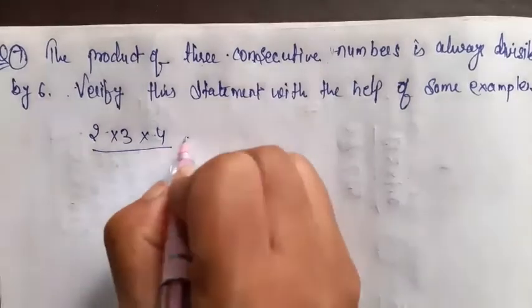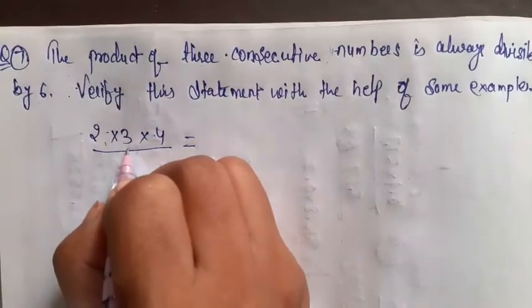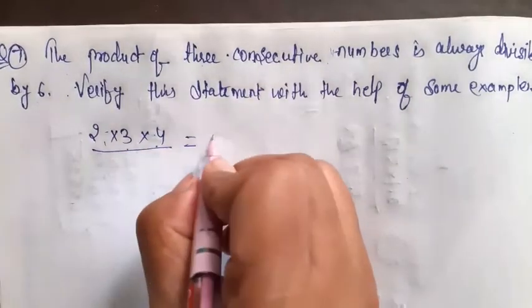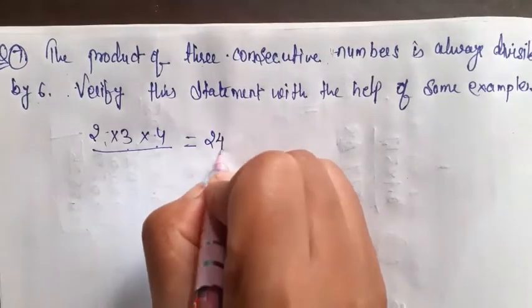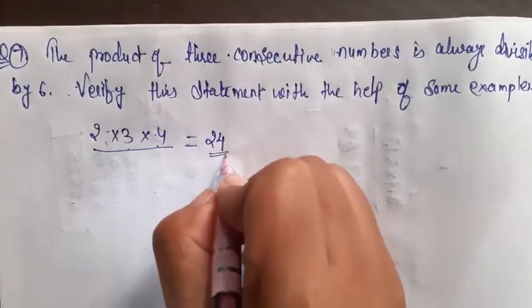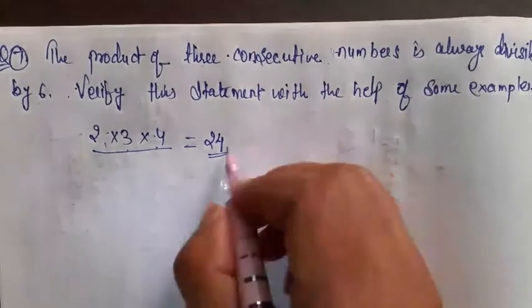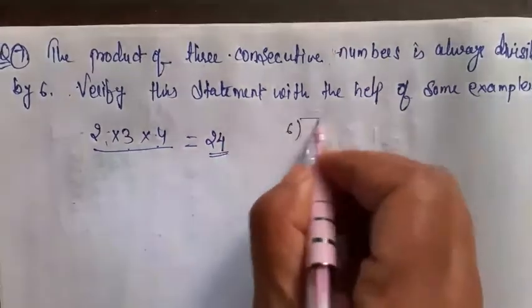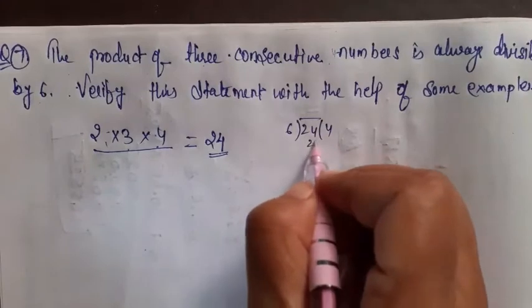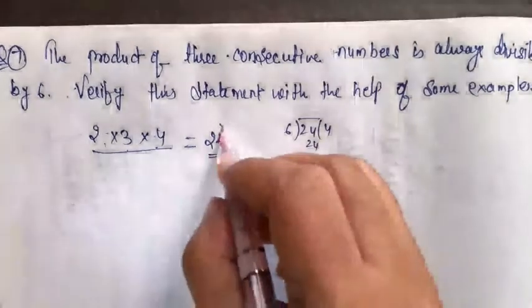Now the product of these values: 2 times 3 is 6, and 6 times 4 is 24. Now check whether 24 is divisible by 6 or not. So 6 times 4 is 24. That means this value is divisible by 6.